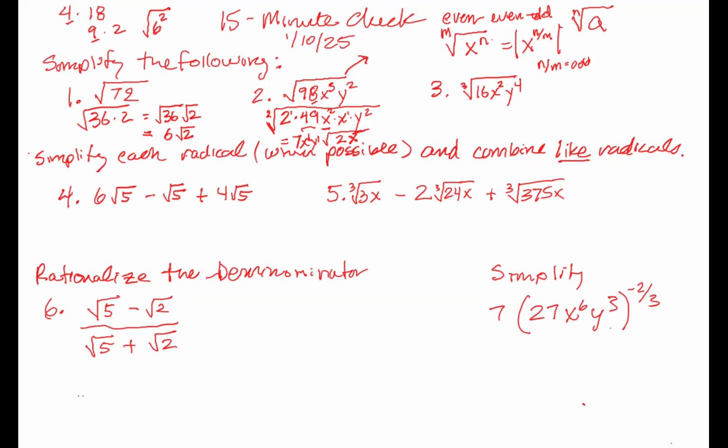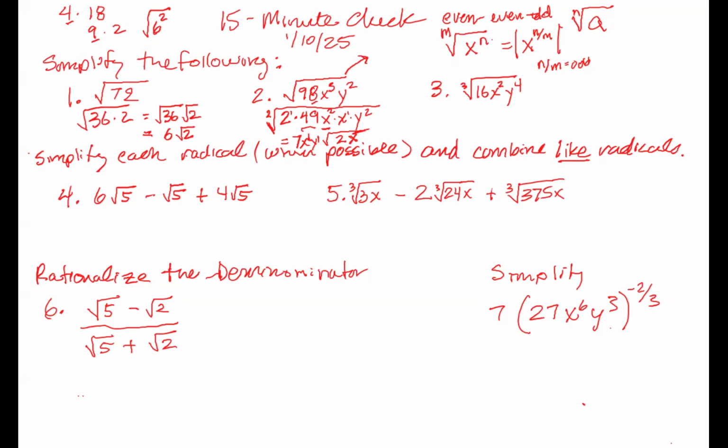But you can see here that a couple of my variables had 2 as our index and 2 was our power. And then the resulting power after we took the root was odd, right? So we had that even, odd combination.